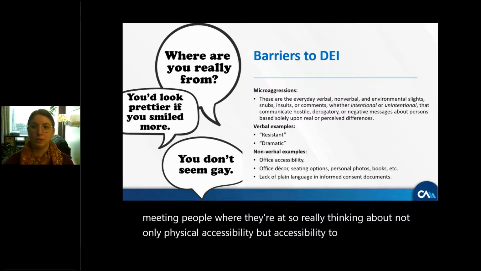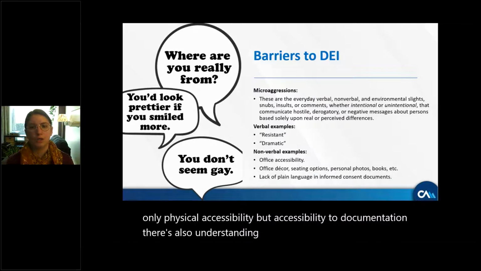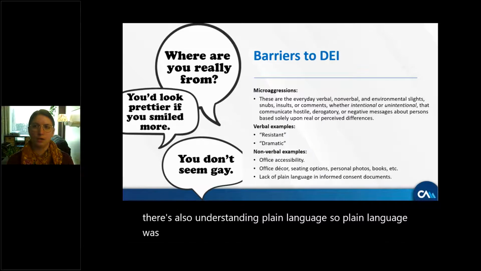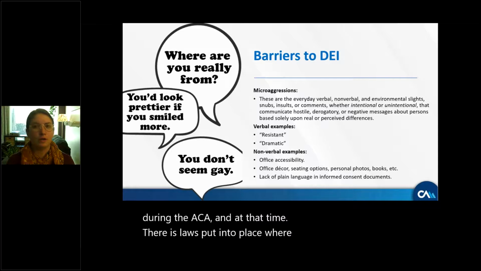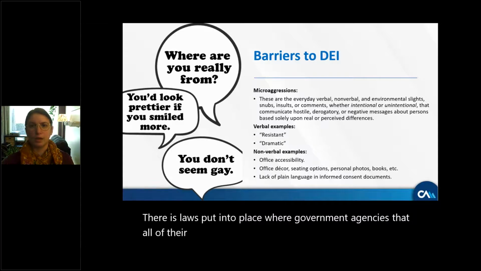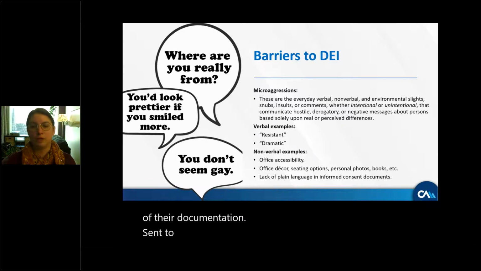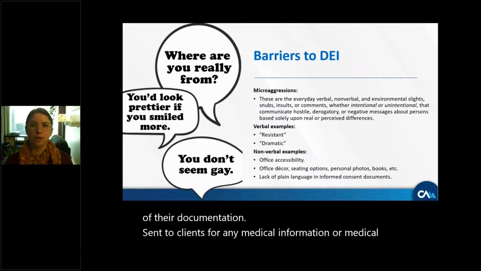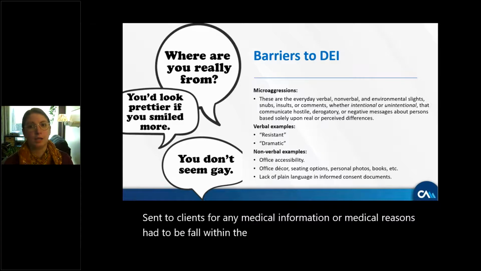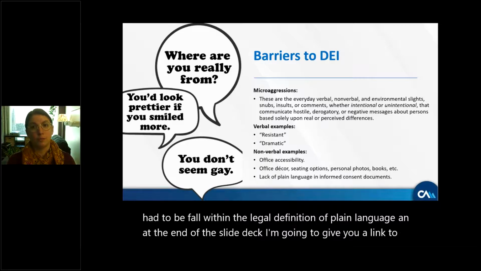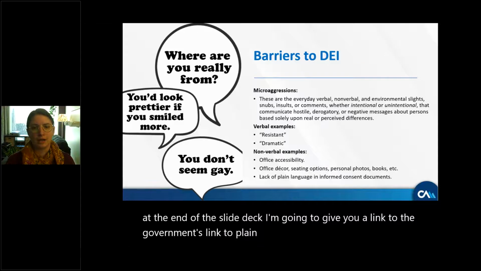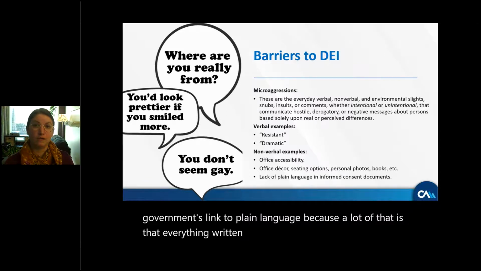There's also understanding plain language. So plain language was part of the law within the government that was updated during the ACA. And at that time, laws were put into place for government agencies that all of their documentation sent to clients for any medical information or medical reasons had to fall within the legal definition of plain language. At the end of this slide deck, I'm going to give you a link to the government's page on plain language, because a lot of that is that everything written in plain language needs to be at a 5th grade reading level.